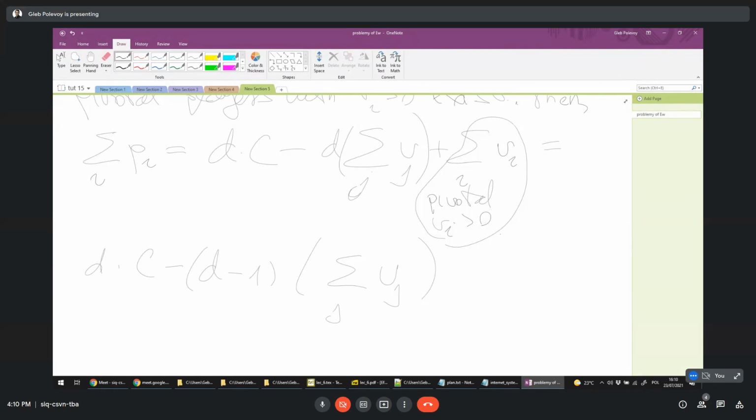So if you look at all the pivotal players together, you pay D times C, minus the sum of the values of everyone, and then you need to add the sum of those guys.